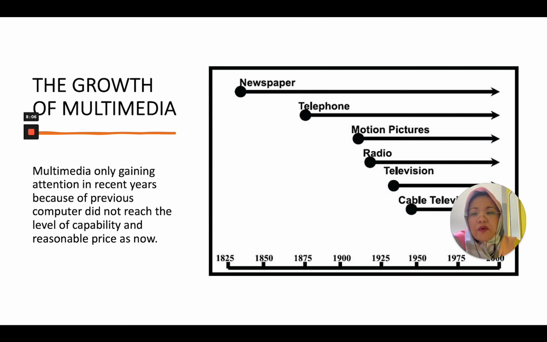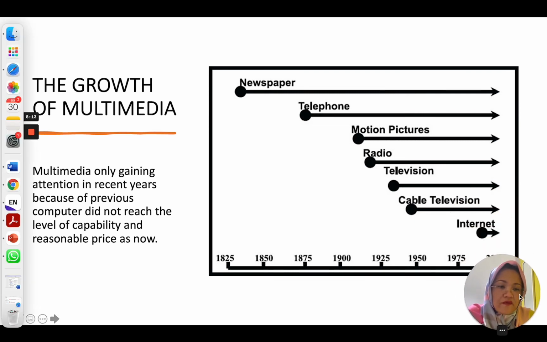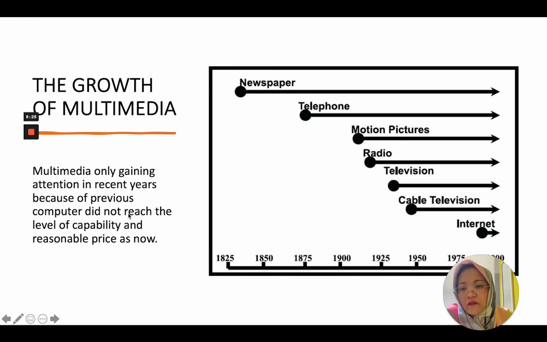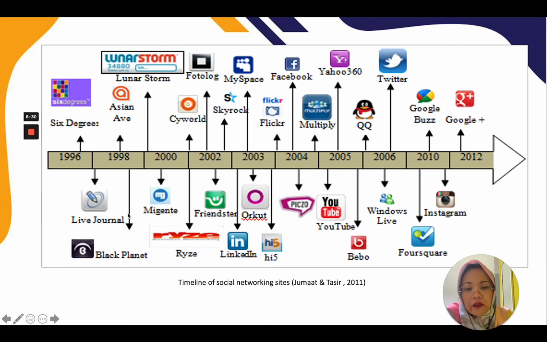And when we talk about the growth of multimedia, as you can see, there's evolution since 1825. They started off with newspaper, and then the invention of the telephone and so forth, until today. We are all aware of the use of the internet, and these days, everybody is so into social media, as you can see there.